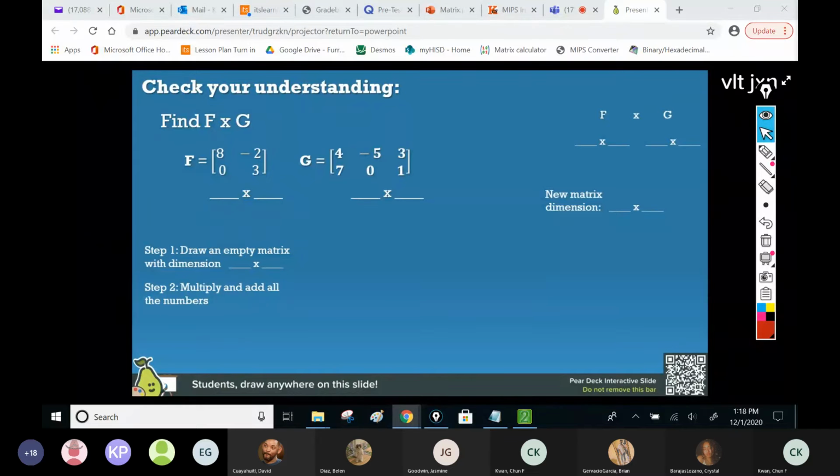Check the dimension of matrix G. Kenjail, dimension good, and there's a solution. After you realize there's a solution, the outer numbers are going to be the new matrix dimension. Can you fix that? The new matrix dimension, you put it the other way around.